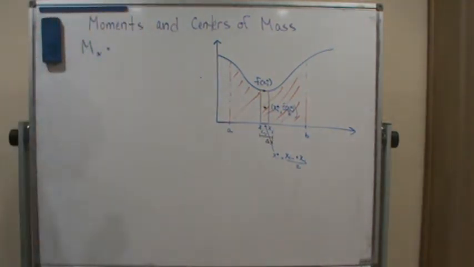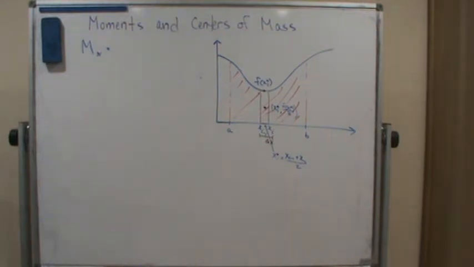Okay, so now we're taking the moment of the system. So remember, the moment of the system is equal to what? The mass times the distance from the x-axis in this case, right? We're doing the moment with respect to the x-axis, so we want to know what the distance is from the x-axis, okay? So let's do that.